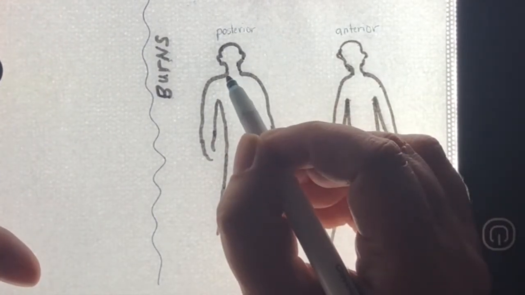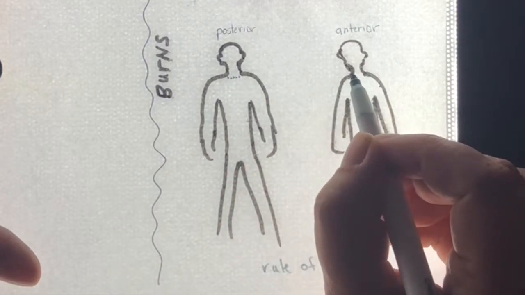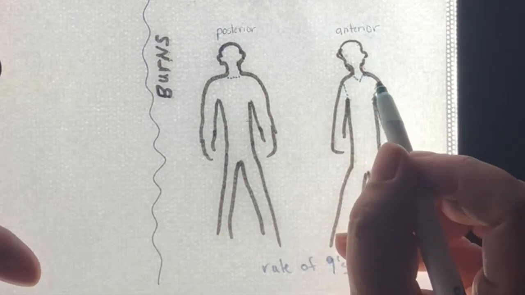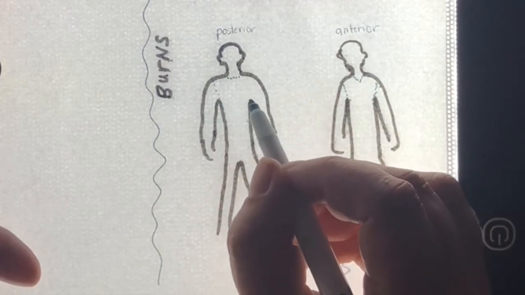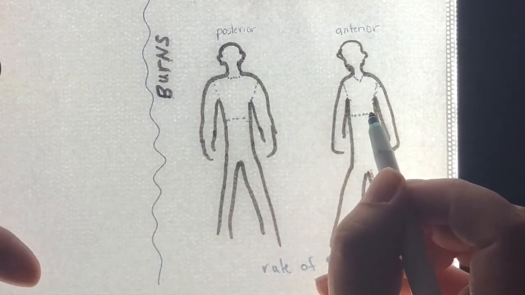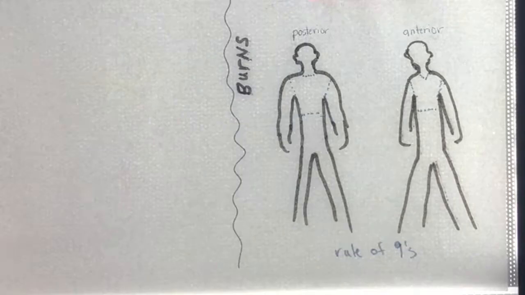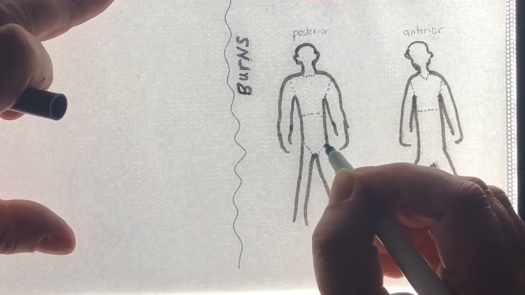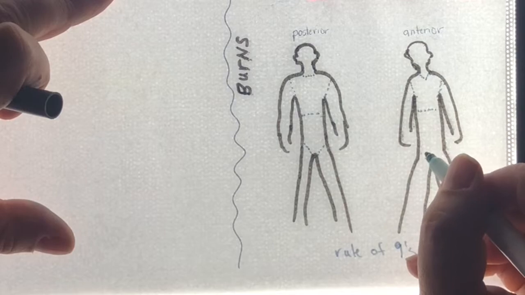If 10% of your body has a third-degree burn, then you would go to a burn center. If 25% of your body had a second-degree burn, you would go to a burn center. And the question is, where do those percentages actually come from? And this is where we turn to the rule of nines with my beautiful, beautiful people that I drew here.